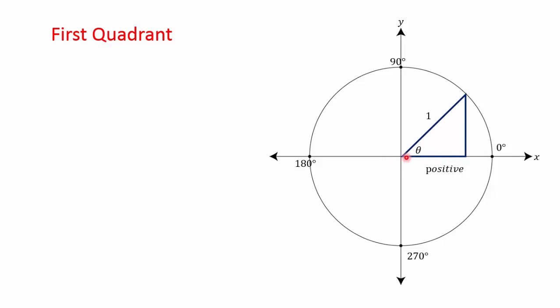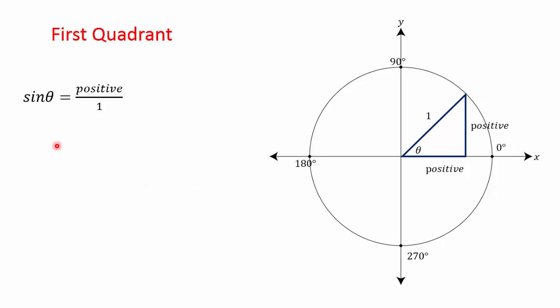This x value here varies because you could draw any triangle, but we know that it's always going to be positive. Similarly, this y value varies because you could draw a triangle that's thin and long or wider and shorter, but it's always going to be positive.